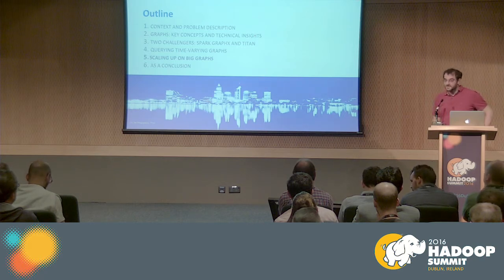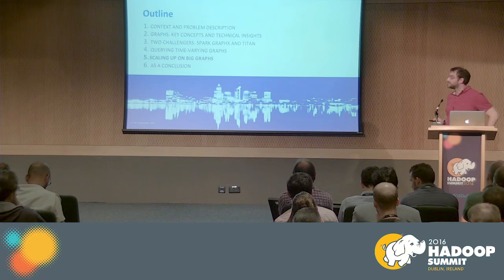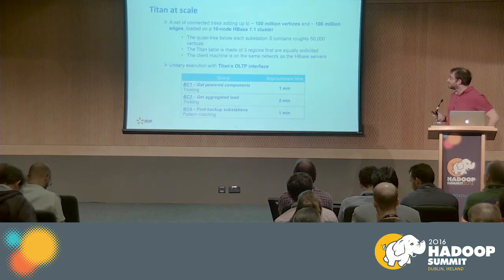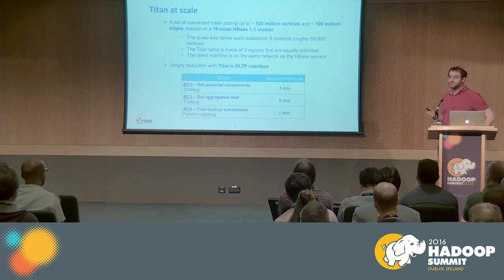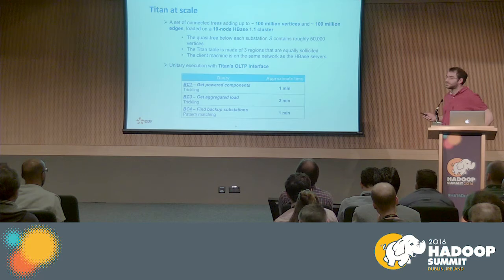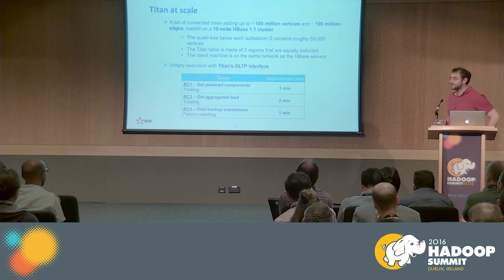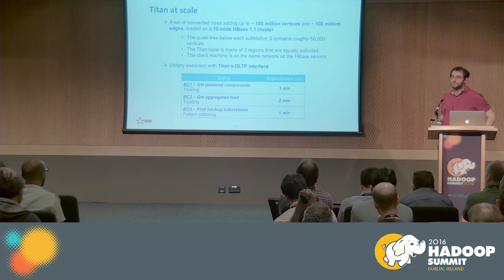Okay, let's see how it gets when we scale. Here, we have a model of the actual graph, which is 100 million vertices and almost the same amount of edges, which is a very good representation of the actual network. And we loaded this on a 10-node HBase-based cluster.